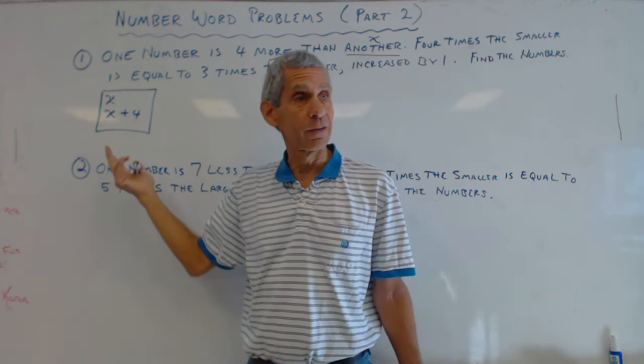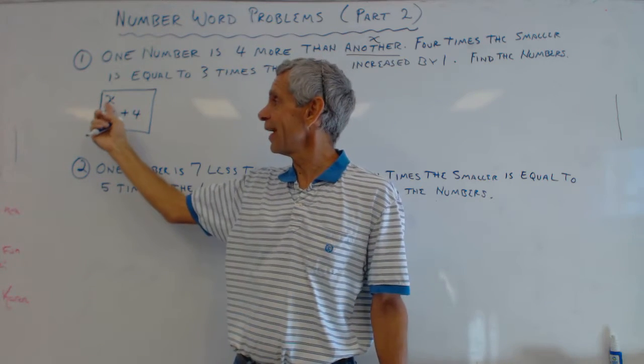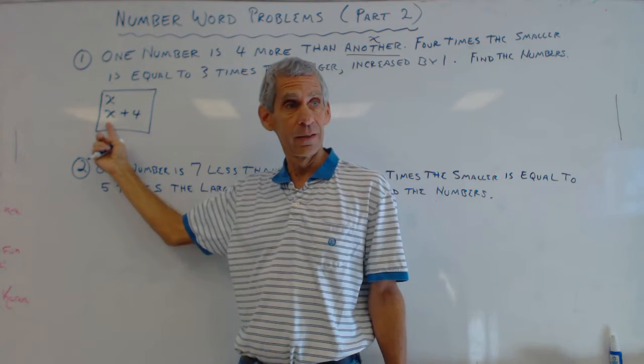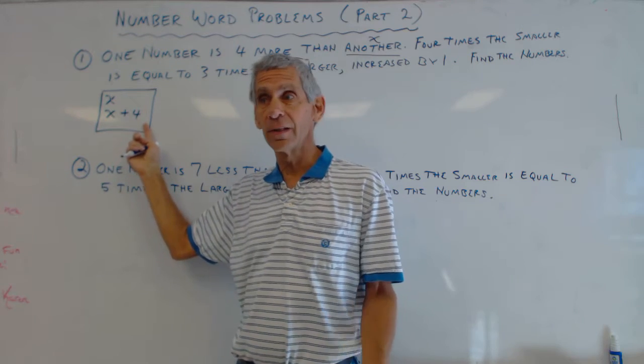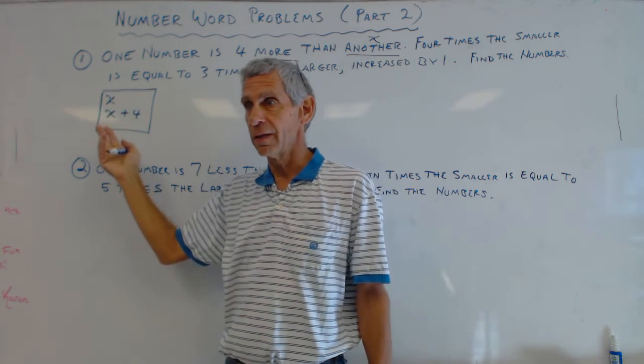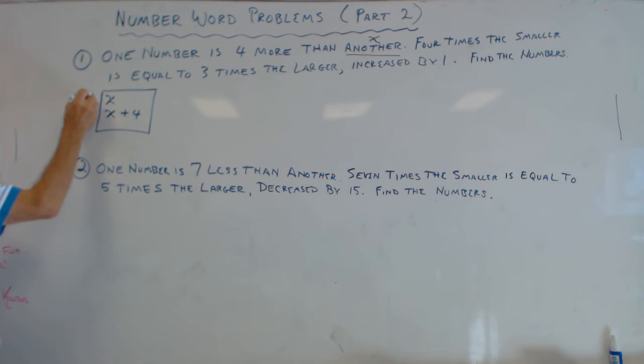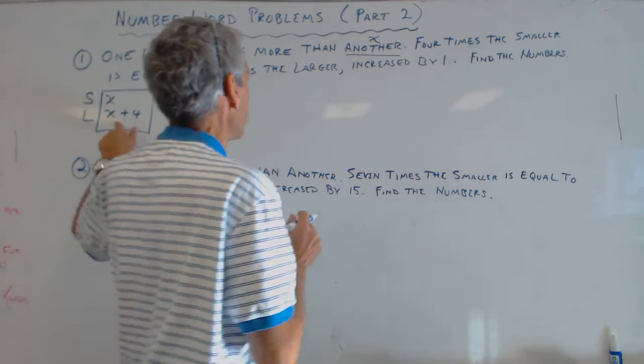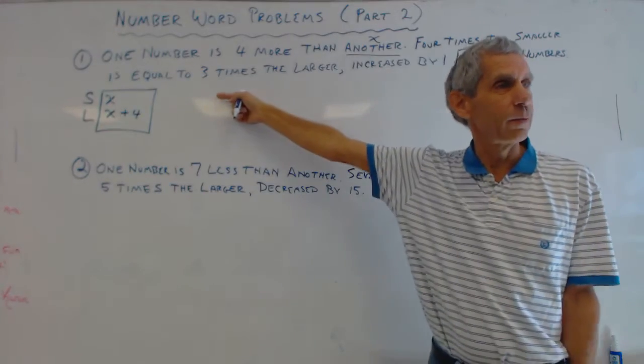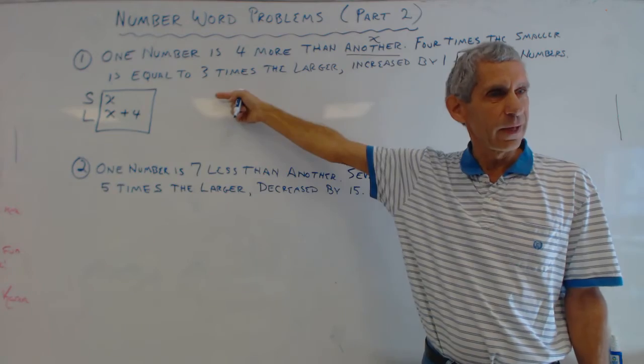Even if x were negative, if this was negative 10, negative 10 plus 4 is still bigger than negative 10, right? So this is the larger. I'm going to say S for smaller and L for larger, just so that I have that near my table so I can see it. Does that make sense? Makes it so much easier.